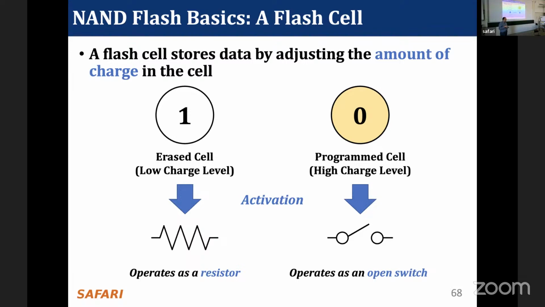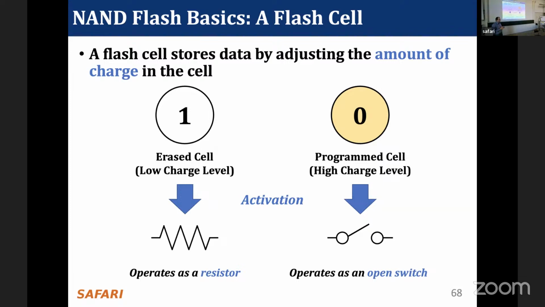When you want to program it, you apply a high voltage, and you trap some electrons in that floating gate. So you cause some negative charge in that gate. As a result, in order to turn on that transistor, you need to apply a higher voltage. Basically, the threshold voltage is going to increase. So that's the way that we handle programming on NAND flash cells. It's just about increasing and controlling the threshold voltage.